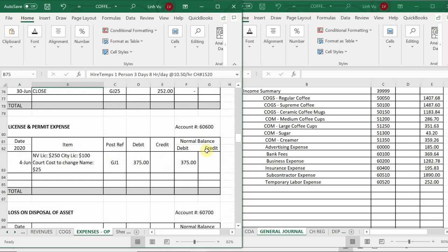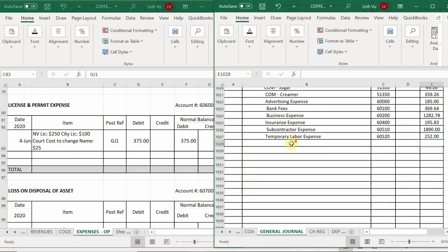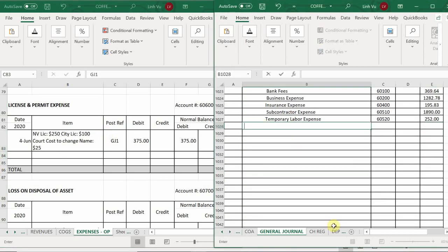Next we have is license and permit expense. Okay, for account number 6600.